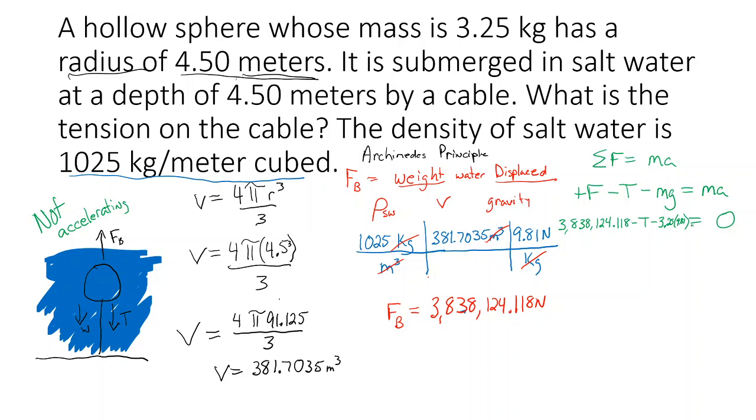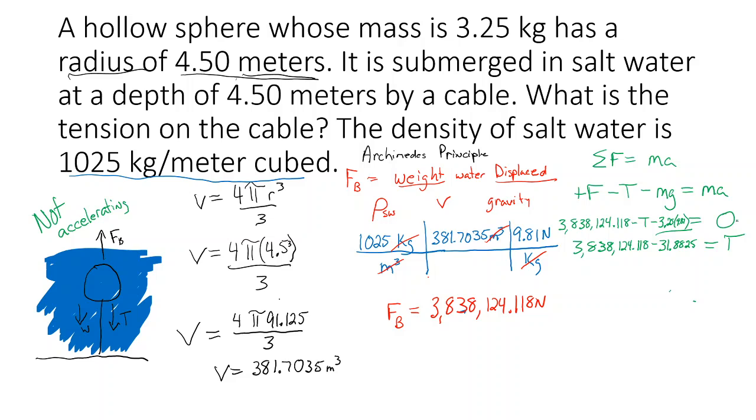All right. So I'm going to move the tension to the other side because it's negative here, and I can just use simple algebra to move it to the other side. And I'm going to say 3,838,124.118 minus, and I'm going to work this out on my calculator, 3.25 times 9.81 is 31.8825.